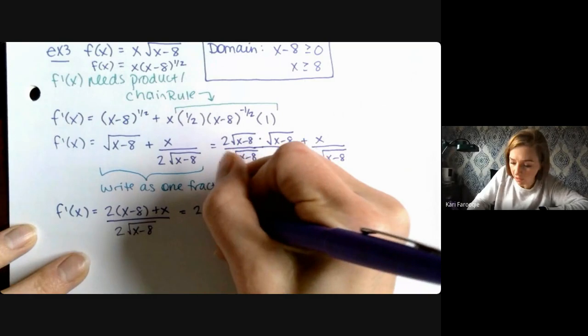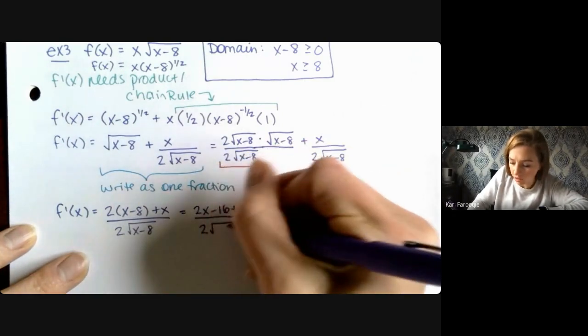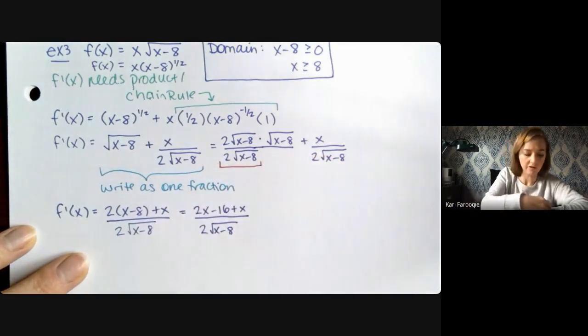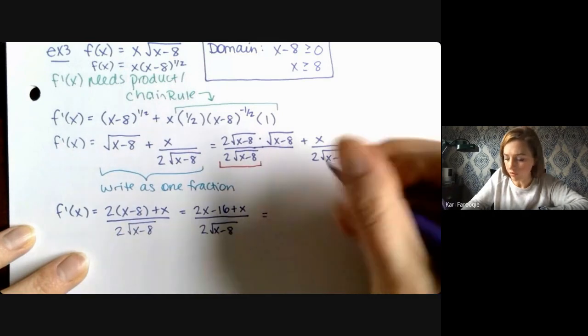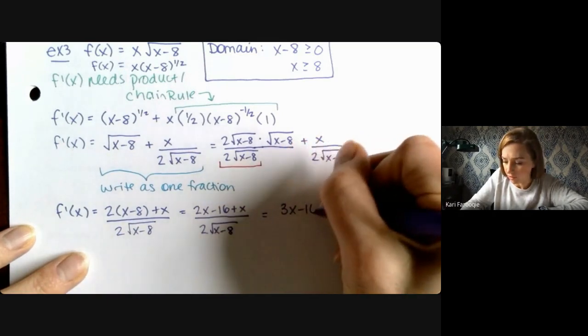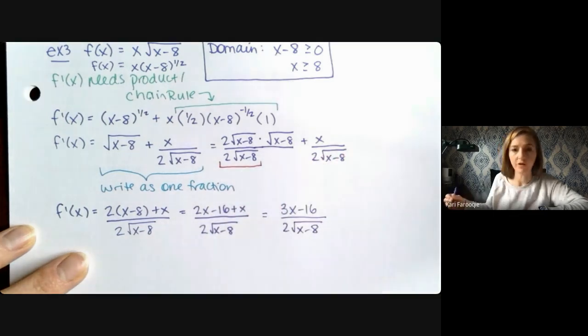So you have 2x minus 16 plus x divided by twice the square root of x minus 8. And then we'll simplify one more time to write this as 3x minus 16 over twice the square root of x minus 8.